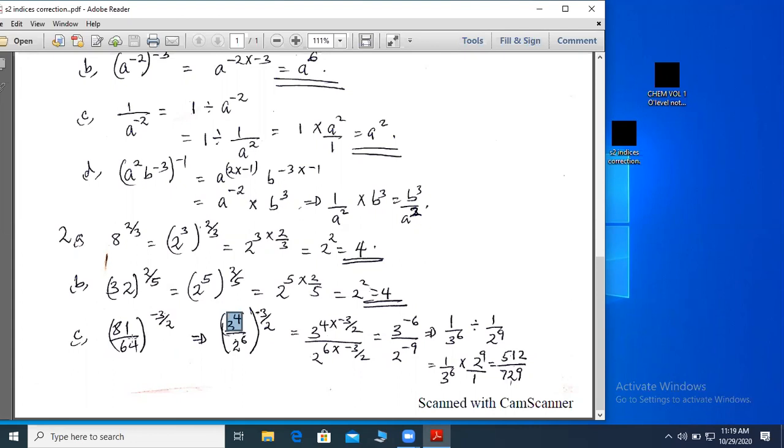So I expressed the numbers in terms of their prime factors. 81 is 3 to the power 4. 64 is 2 to the power 6. You agree with that? You can confirm. So that means I'm going to have 2 powers on the base. The power here is 4, and there is another power which is negative 3 over 2.